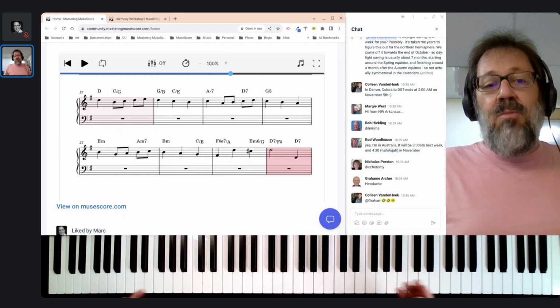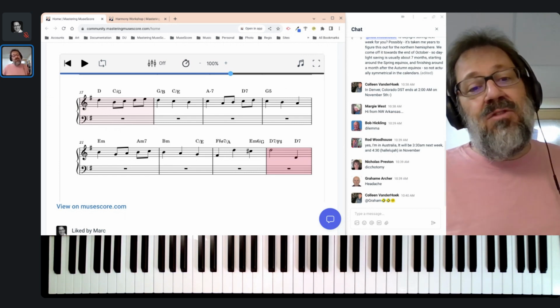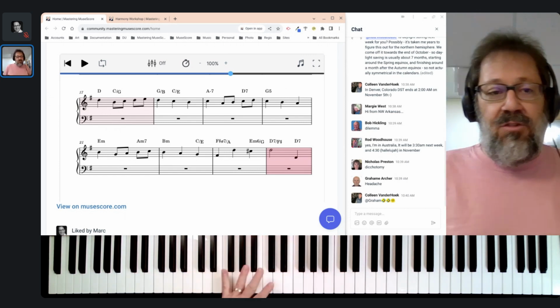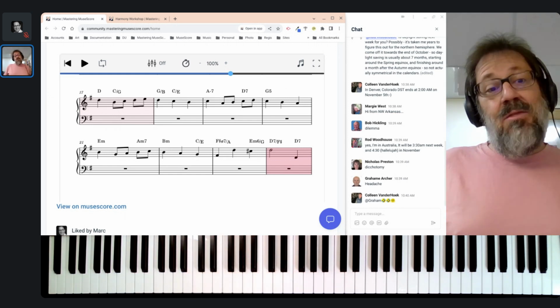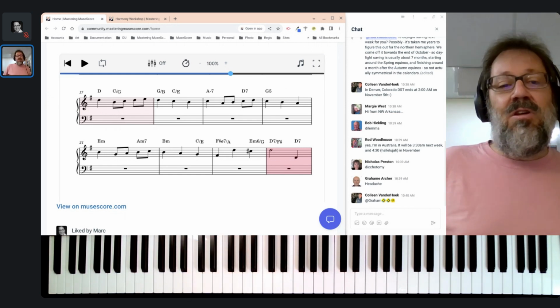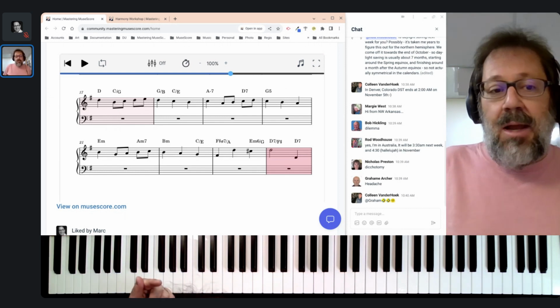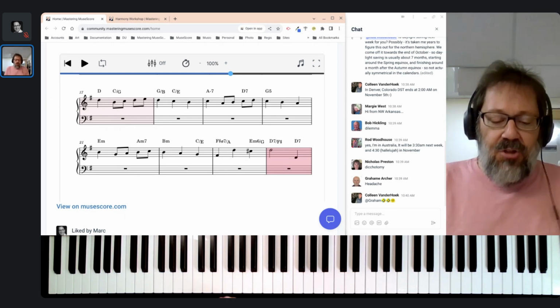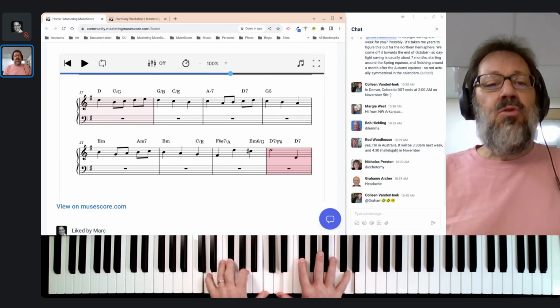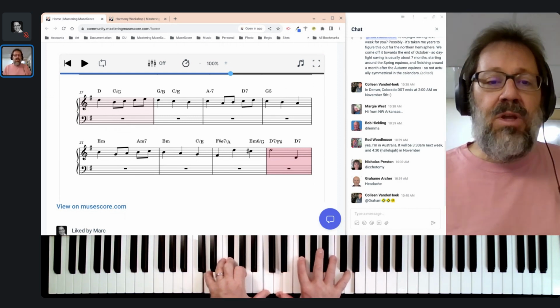Nice stepwise motion. That is the reason to use inversions when we're dealing with this. There could be other reasons, but for the purpose of what we're doing here, the main reason we would ever use an inversion is to improve the bass line. And by improve, specifically, I mean make it stepwise. So that's something I would be doing, re-looking at your inversions.